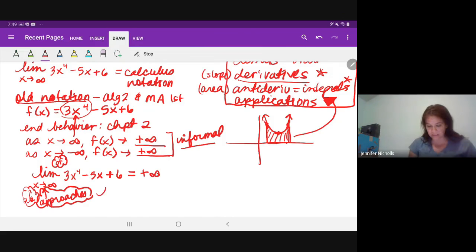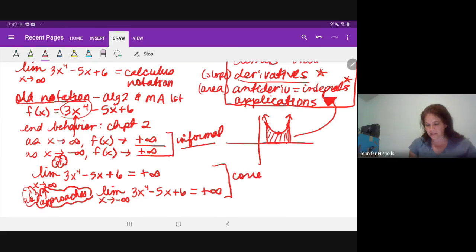And then also limit as x approaches negative infinity. The x approaches negative infinity is physically underneath the lim. If I was on lined paper, the 3x to the fourth minus, well, it's all on the top of the paper. But this would also be positive infinity. Now I'm going to put this right here.